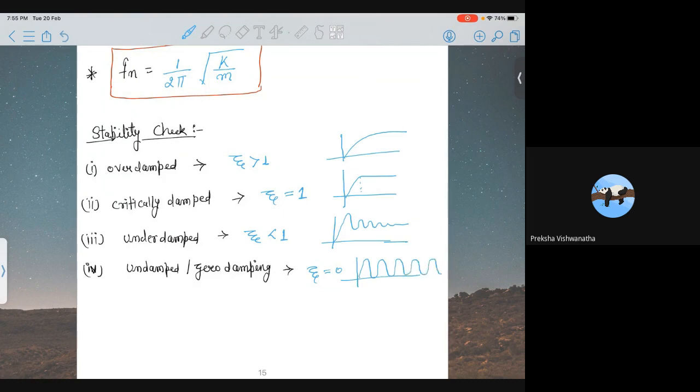The system will not get stable. It will always oscillate in this way. So this is the response of different systems.